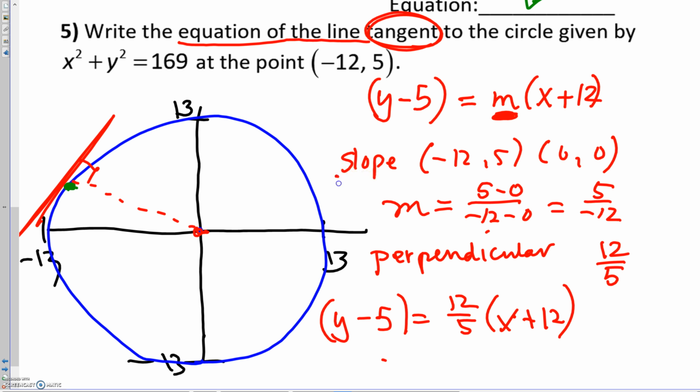And I'll add in here, this is the slope of the radius, and this is going to be a perpendicular slope right here, and that's going to be the tangent line. So I'll put that in here too, tangent line. All right.